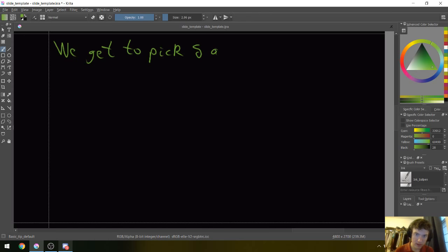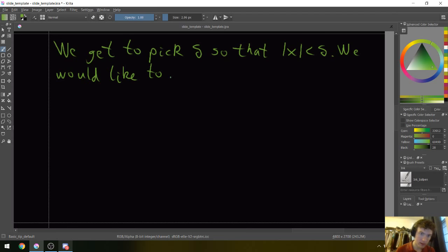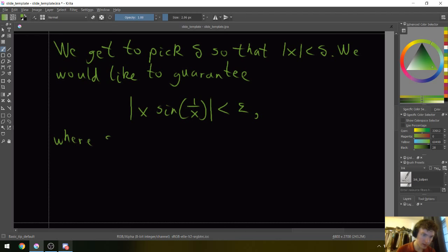We get to pick delta so that the absolute value of x is always less than delta, and we would like to make that choice in such a way that we're guaranteed that the function, x sine 1 over x, is less than some epsilon you hand to me. So I'll put a comma where epsilon is given. Epsilon greater than 0 is given. So that's our goal.